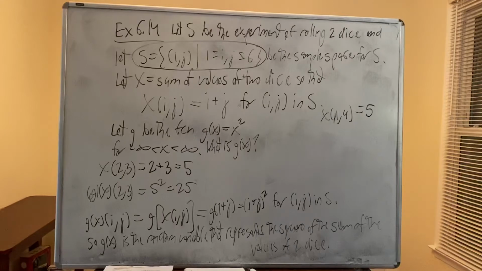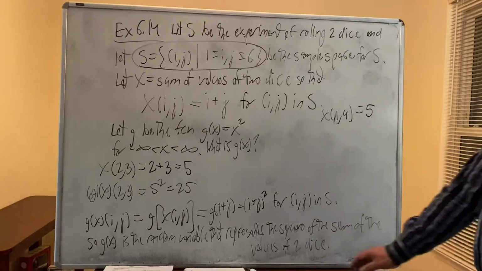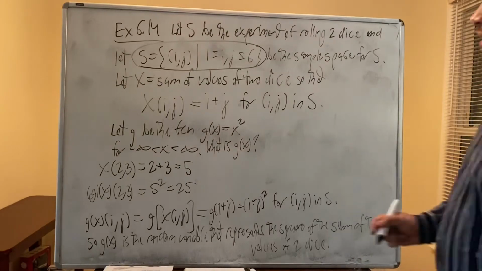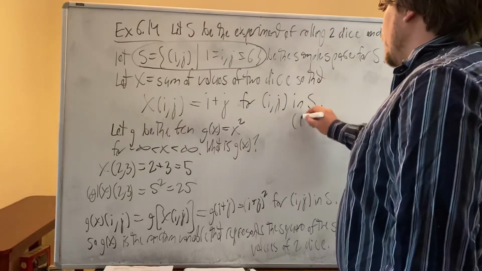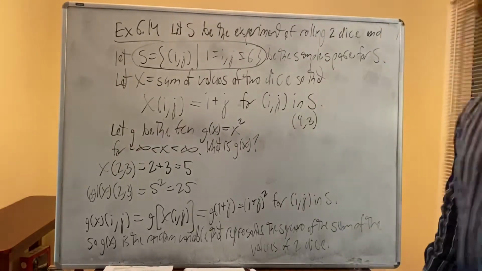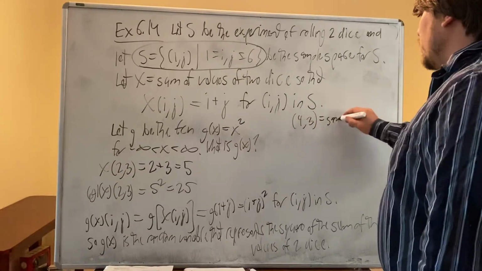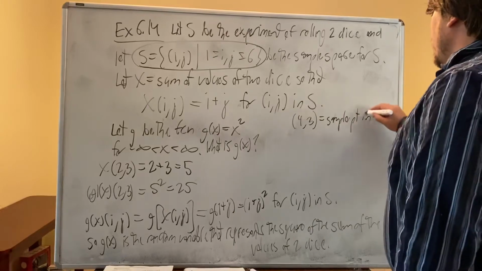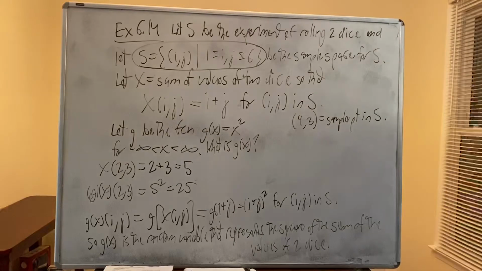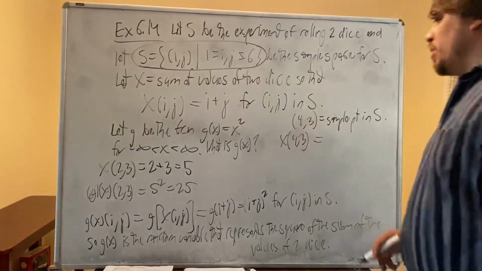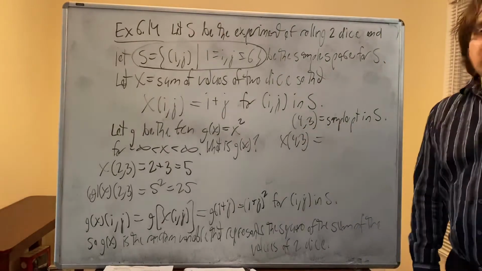Okay, so maybe another example of how x and g work. All right, let's say you take a roll of the dice, 4 comma 3, and that's a sample point, right? So this is a sample point in capital S. X of 4 comma 3 would be the random variable that adds up, which is the sum of the 2 dice rolls.